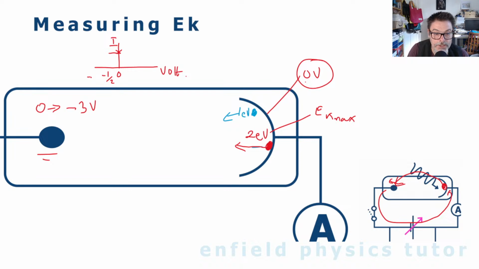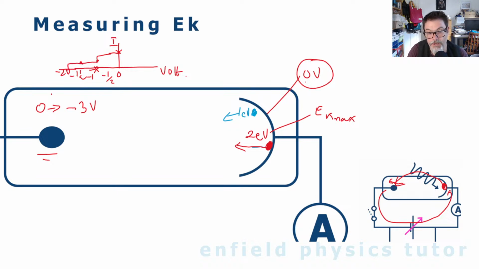When we get to -1 volt, one of our electrons isn't going to arrive anymore, so the current will now drop. When we get to -1.5 volts, we'll still find at that point that our 2 eV electron will arrive, but our 1 eV won't, so the current will do this. And then when we get to -2 volts at this point, that current will suddenly go to 0.